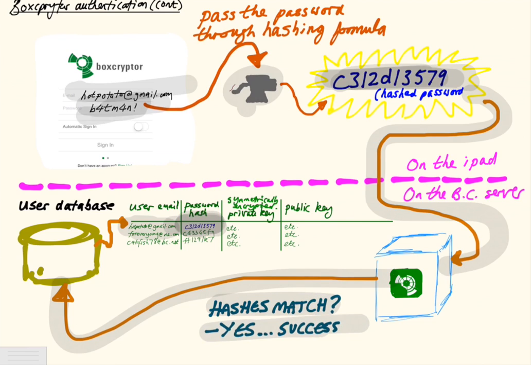So we have a success, and therefore that user is authenticated and can open the Boxcryptor application on his local device. Otherwise, he's not going to get to log into the application, and he can't browse any of the encrypted files on his device. Okay, so that's authentication and password hashing and all that kind of stuff.